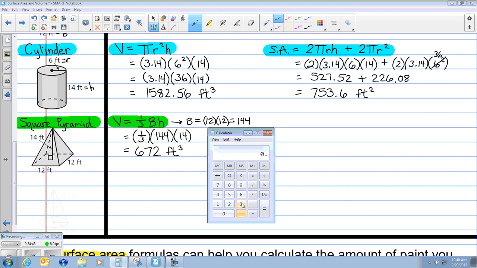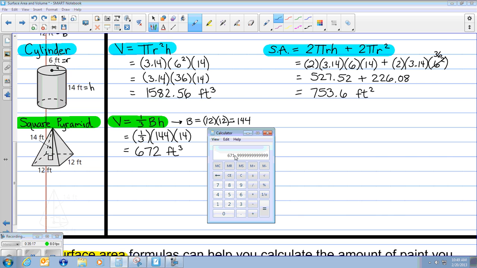If I were to start by saying, well, I know that it's 0.3333, I'm going to put in as many 3's as my calculator will let me use. And now I'm going to multiply by 144 and then times 14. It's still pretty close. You probably could say that's actually 672 because you knew that 0.33333333 wasn't really accurate, but it's so much better to just divide by 3 like I showed you in the first place.